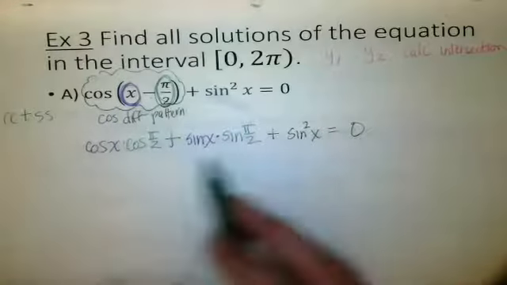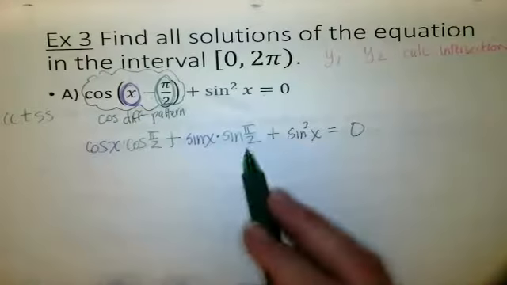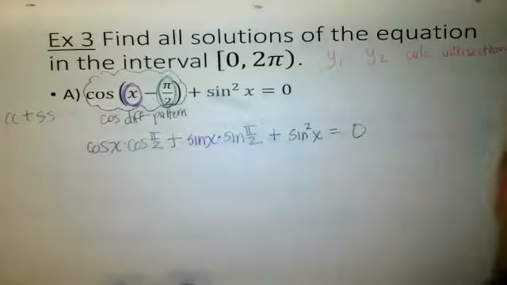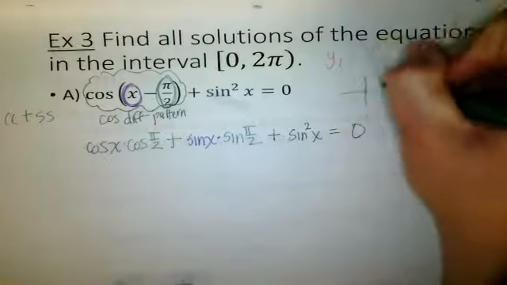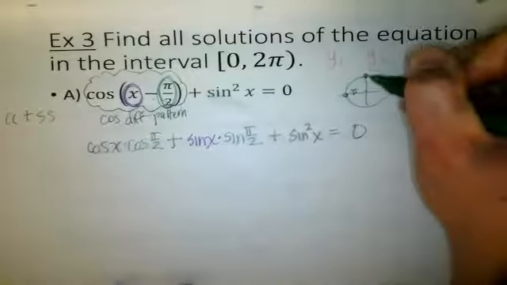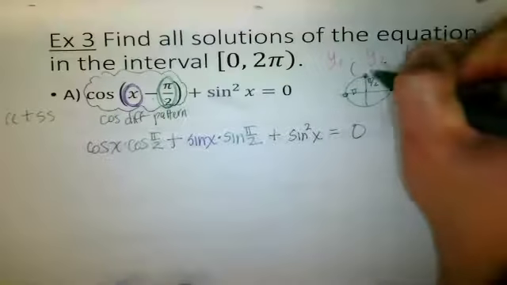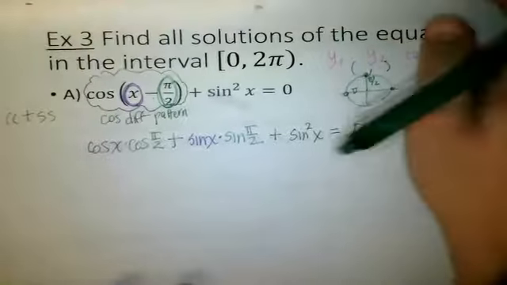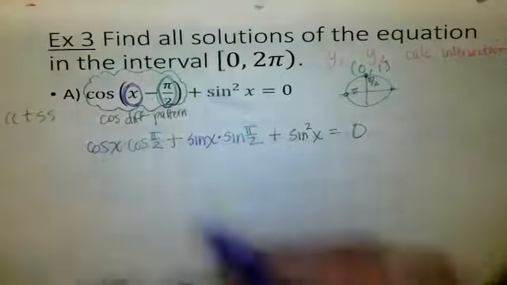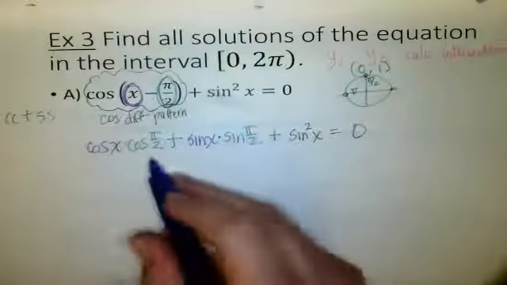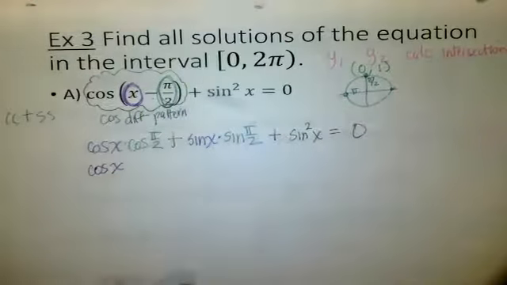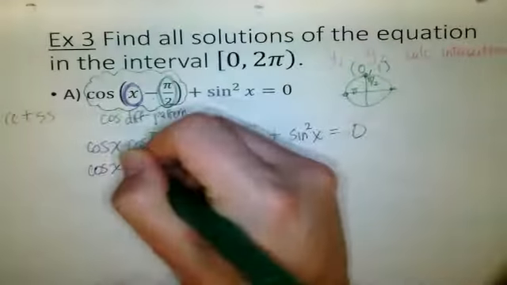All right, let's do some cleanup. On this expansion that we did, what can we actually evaluate? Cosine and sine at pi over 2. Here's pi. Pi divided into two places is right here. What ordered pair is at pi over 2? 0, 1. Very good. So I can evaluate these things at pi over 2. Can't do anything with cosine of x. We're trying to figure out what that angle measure is.